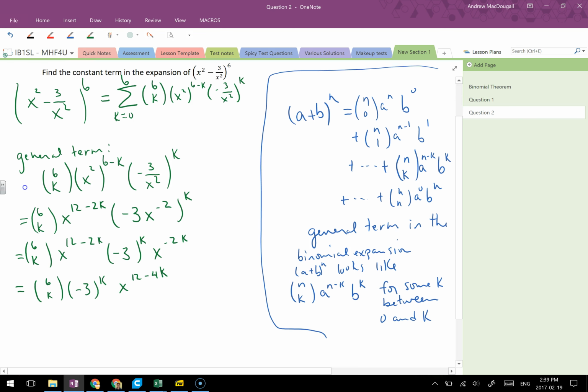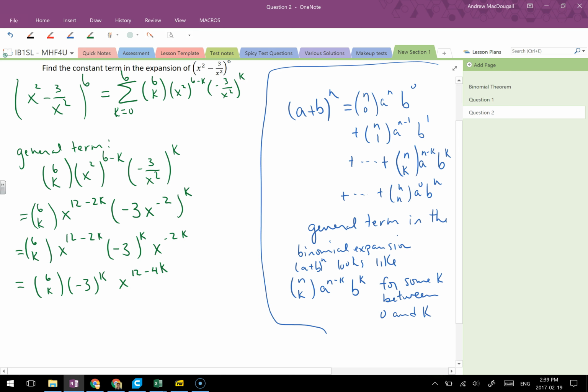Remember, we want 0 as the power that we're raising x to. So really, we want 12 minus 4k to be 0, meaning we want 12 to be equal to 4k, so we see that k should be 3. If we plug in 3 for k, that will give us a constant term. So we must substitute k equals 3 into the general term.